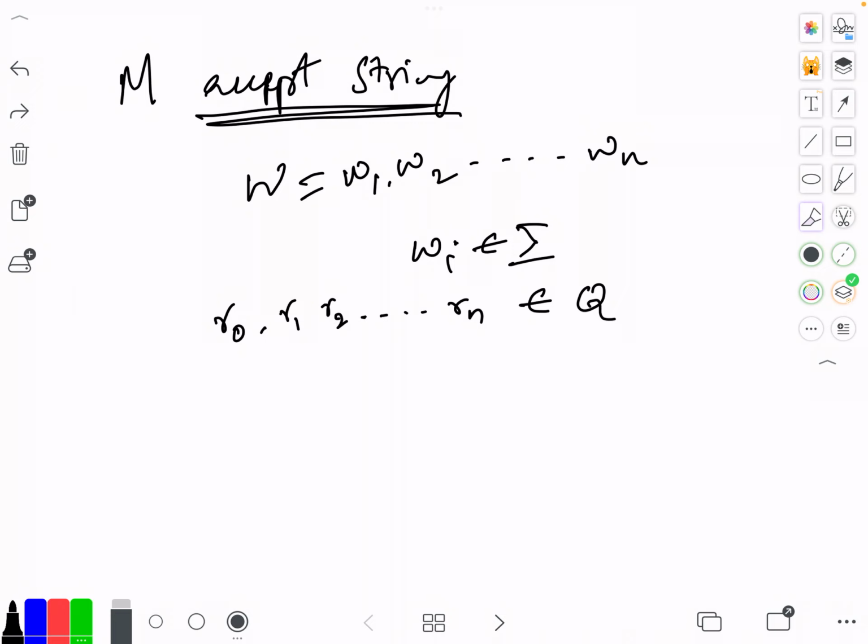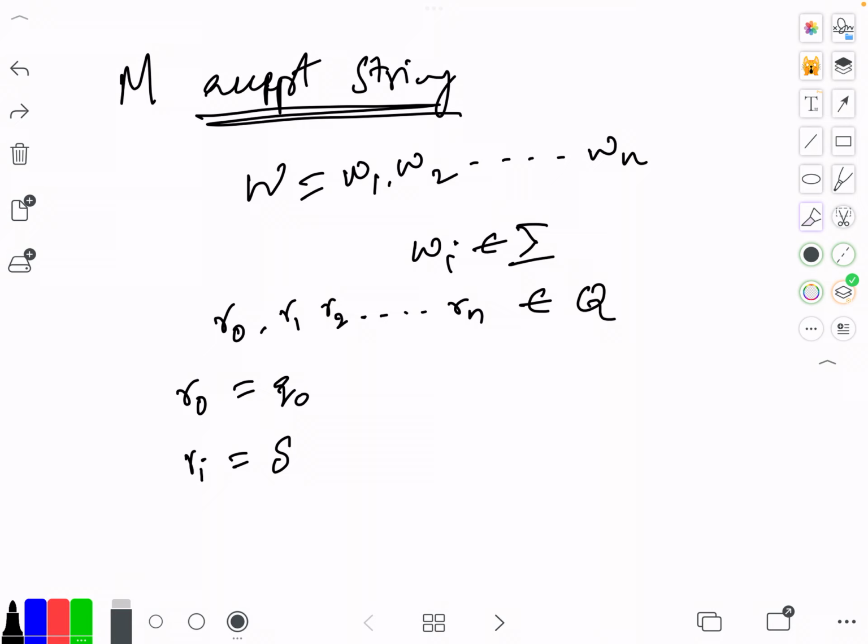Now r0 is equal to q0, and for each ri, for that particular wi, what would the resulting state be?